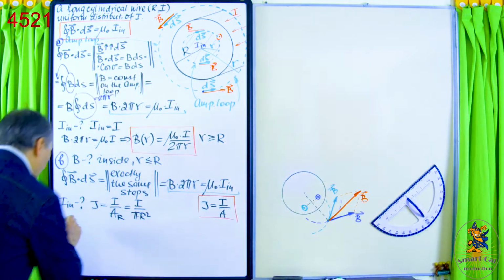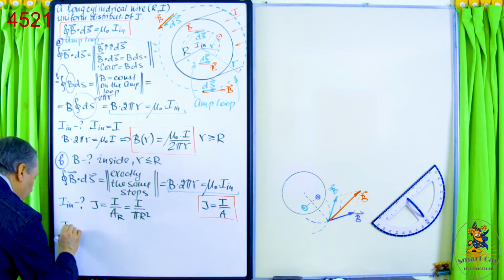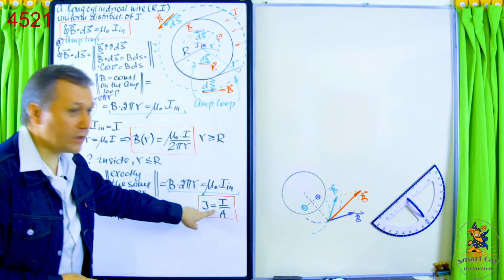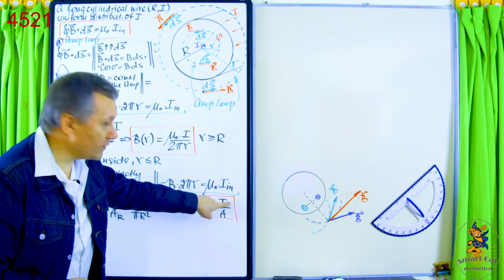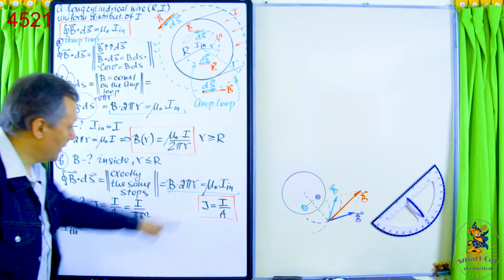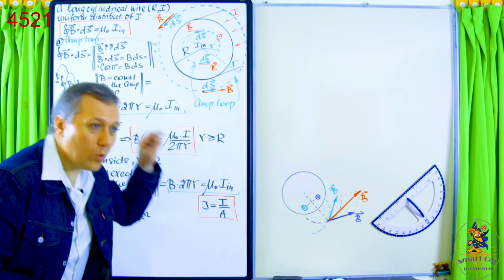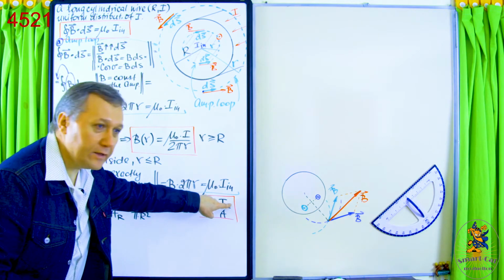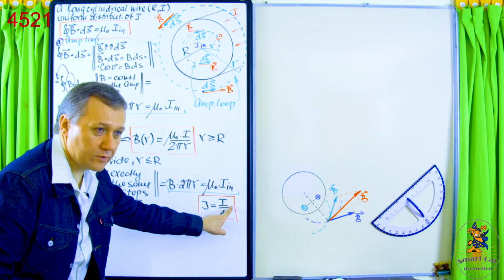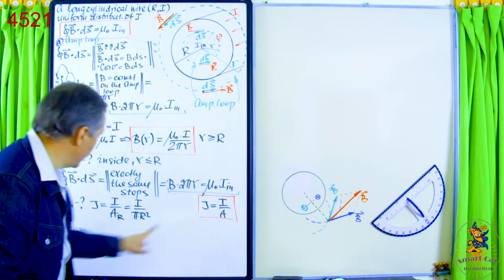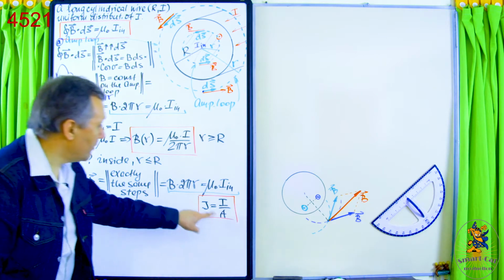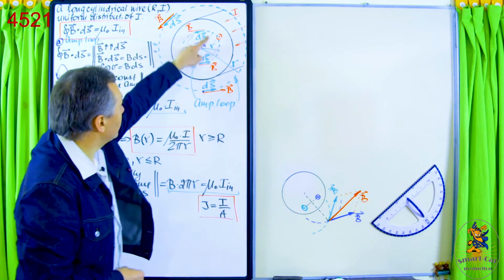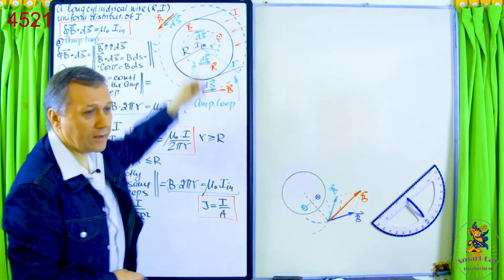Then if we need to find I enclosed, basically this current, by looking at this formula, what do we have to do? Current equals current density times the area over which that particular current is distributed. In our case, this I enclosed equals the current density, which we just found, multiplied by the area over which I enclosed is distributed, this highlighted area.